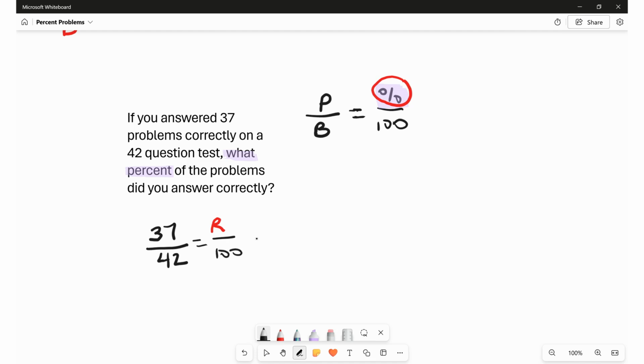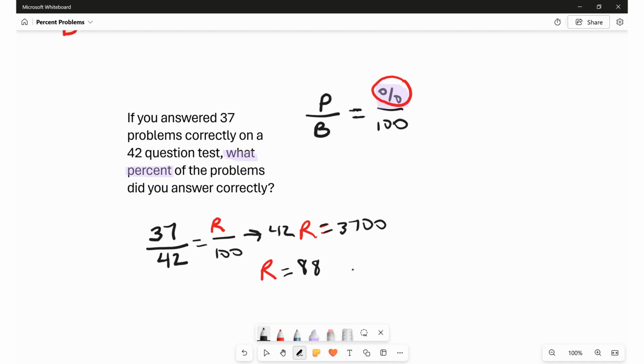Okay? So here we get that 42R would be equal to 3,700, which means that R, when we divide both sides by 42, we get 88.